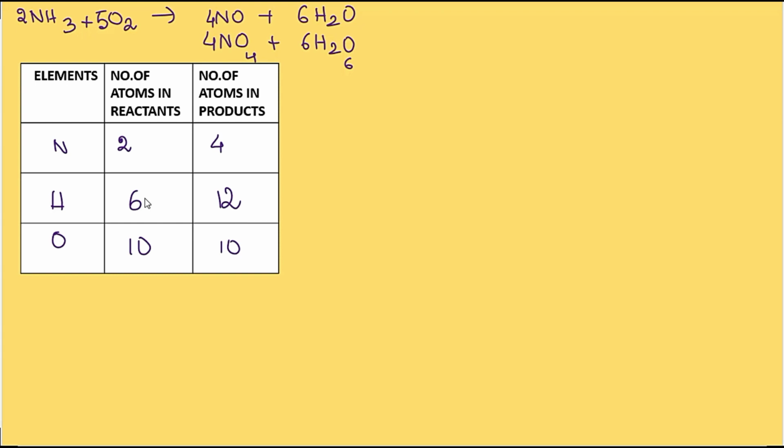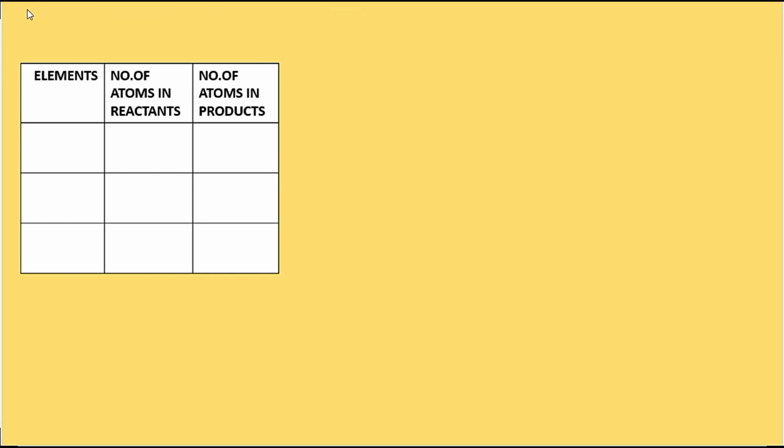Okay, so 6 and 12, it is very easy because 12 is just a multiple of 6. So in the reactant side, if we just multiply it with 2, then it will become 12, and number of atoms in reactant side will be equal to the number of atoms in the product side. So here we will multiply it with 2. So what will become? Let us write down the existing equation once again.